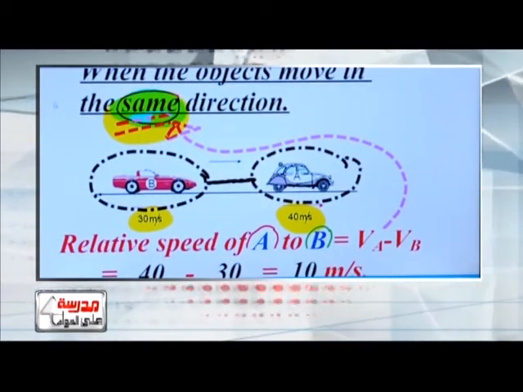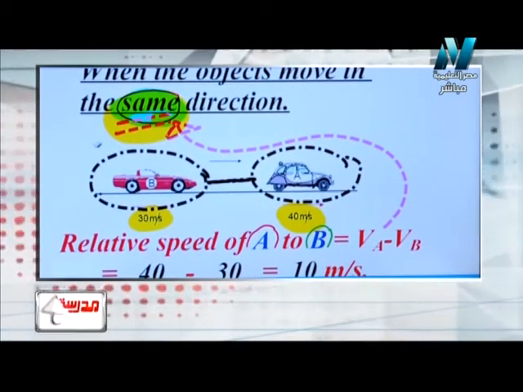So you mean that the relative speed depends on the position of the observer. If the observer is at rest, it means that the relative speed equals the true speed. If I am at rest and I see the train moves at 90 km per hour, the relative speed equals 90 km per hour.